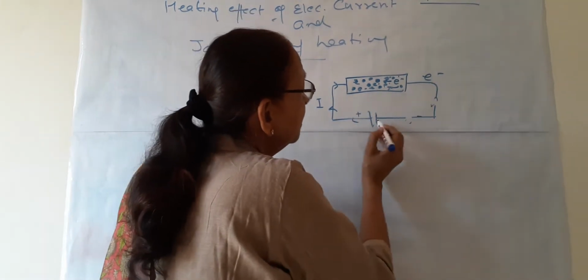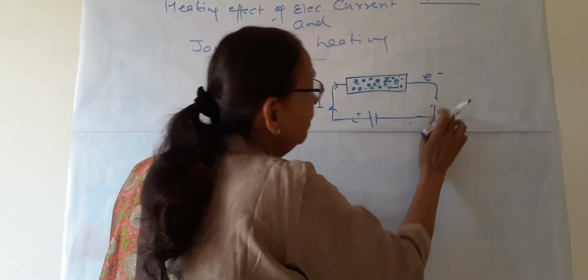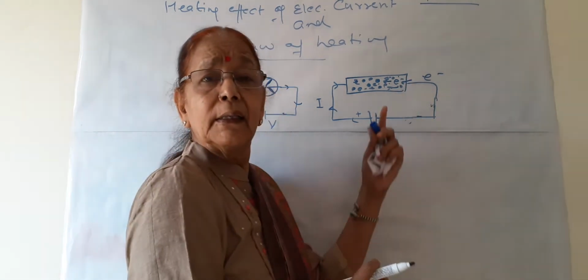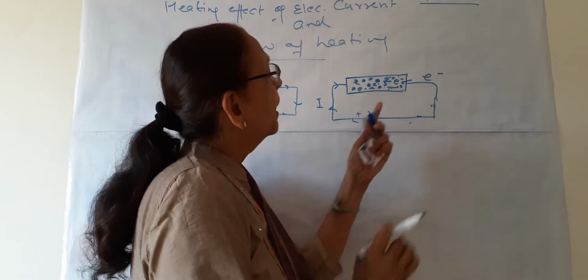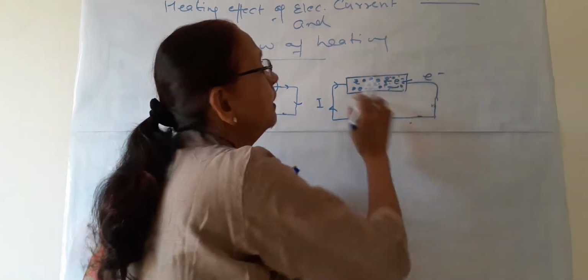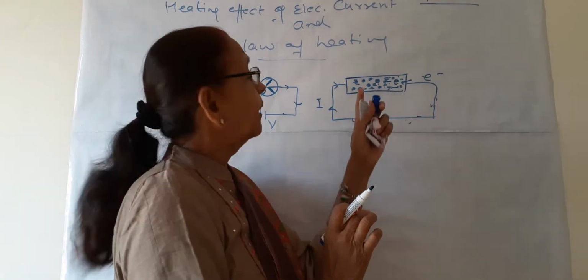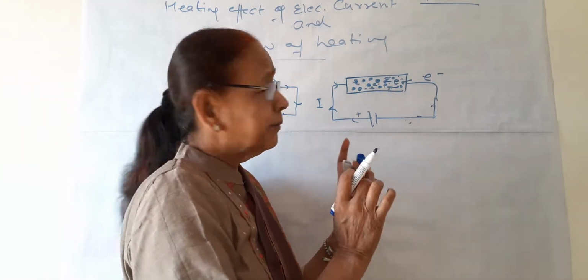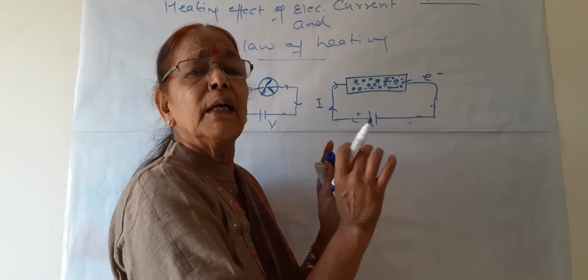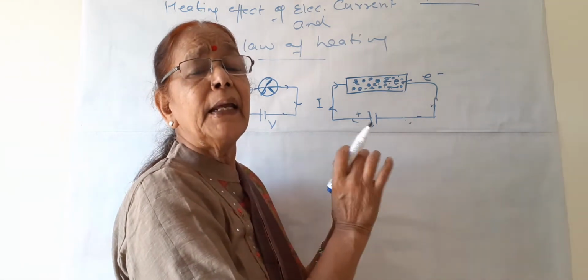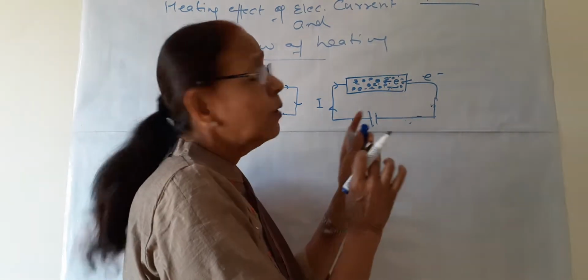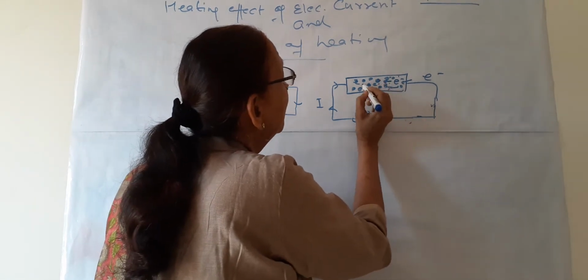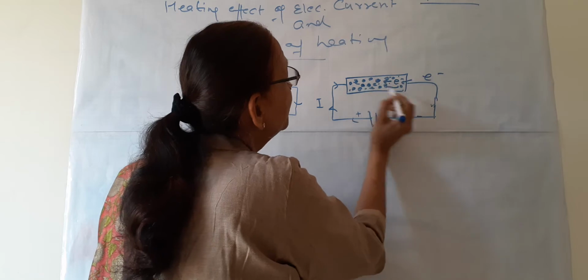So these electrons coming from this side enter the resistor and hit the free electrons which are present inside the resistor or conductor. There is collision and hitting of these electrons with one another, and they collide with the atoms also which are present.